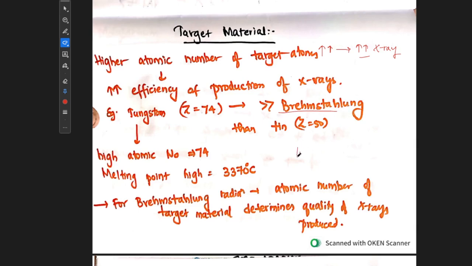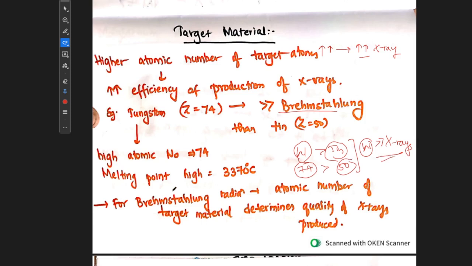So higher atomic number target atoms produce more Bremsstrahlung radiation. If you take tungsten compared to tin, tungsten has an atomic number of 74, tin has an atomic number of 50. So tungsten has higher atomic number when compared to tin. As a result, tungsten will produce more X-rays, that is, more quality and more quantity of X-rays are produced by tungsten when compared to tin.